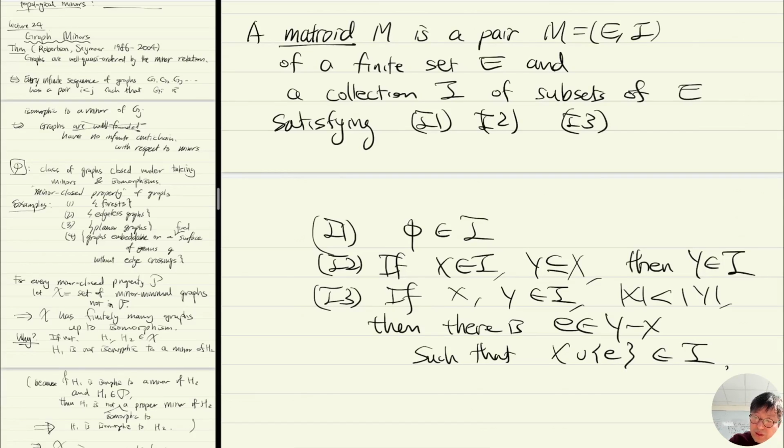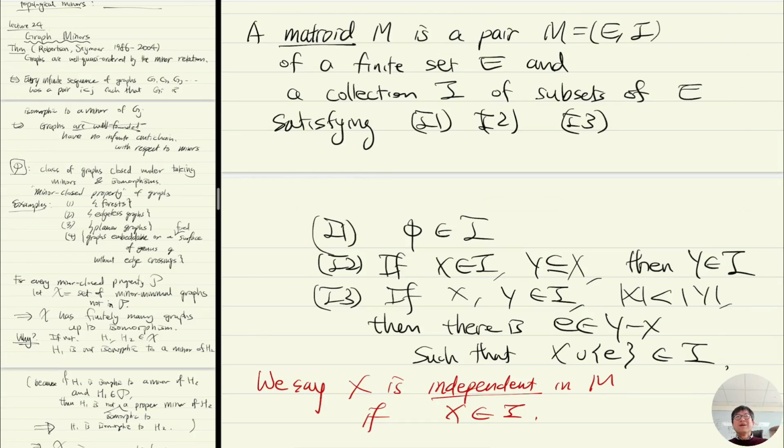So what does that mean? We say X is independent in the matroid M if X is in I. So think of linearly independent sets of vectors. The empty set is linearly independent. If you have a linearly independent set of vectors, any subset is linearly independent.